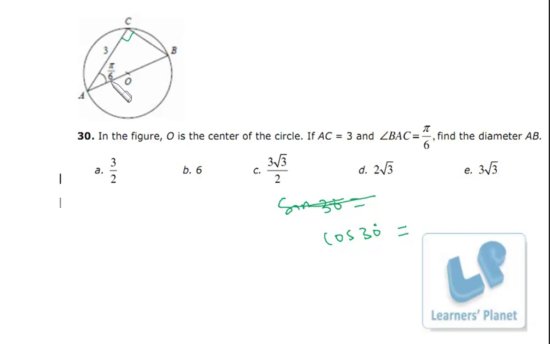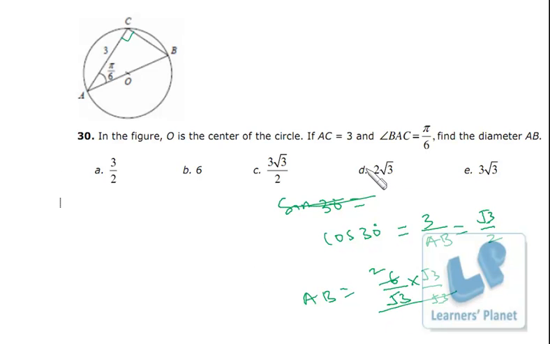So cos 30 degrees is equal to this base, that is 3, by hypotenuse, that is AB. Now cos 30 degrees is root 3 by 2. So AB is equal to 6 by root 3, or we can say 2 root 3. Pretty simple. So if you know angle in a semicircle is 90 degrees, you can easily solve this problem.